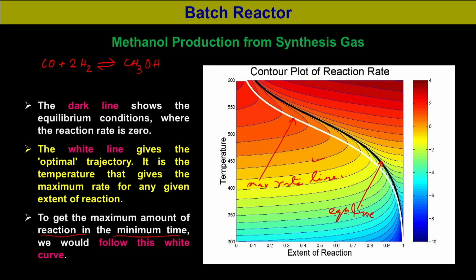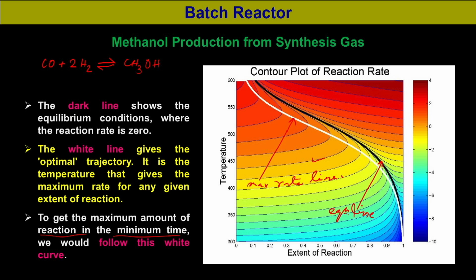The dark line shows the equilibrium conditions where the reaction rate is 0. So, at this point the reaction rate is 0. The thinner dark line represents how the rate of reaction progresses with the extent of reaction and the temperature.